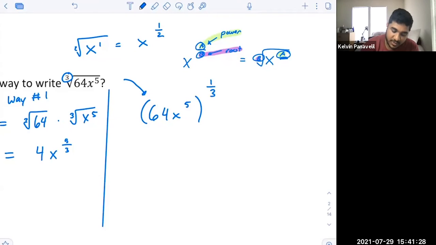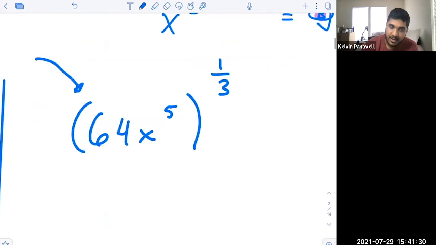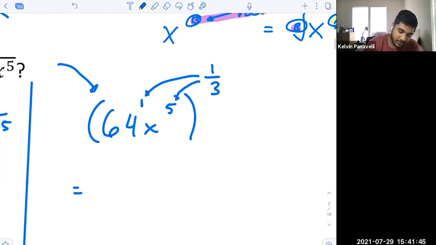And the rule with exponents is, anytime you have a power to a power, you need to distribute that power to each term. There's a 1, since any number is always raised to the 1 power. So you're going to distribute the 1/3 to the 5 and that 1/3 to the 1. So it's the same thing as 64 to the 1/3 times x to the 5 times 1/3, which is 5 over 3.